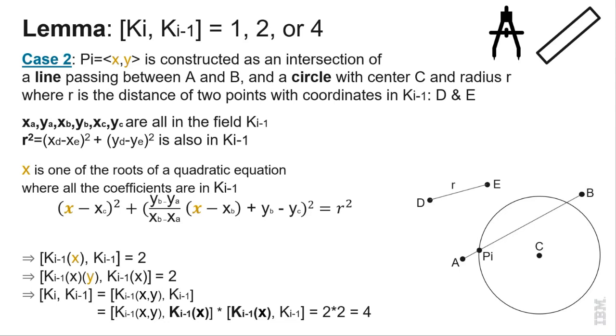And the same could be for y. If y happens to be already a coordinate available from past points on the way, then again the degree will be 1. So if both are new, x and y, you get 4. If one of them is new and the other is already existing, you get the degree of 2. And if both already existed, then you get the degree of 1. So the lemma holds. The final degree of the field extension K_i over K_{i-1} is 1, 2, or 4.